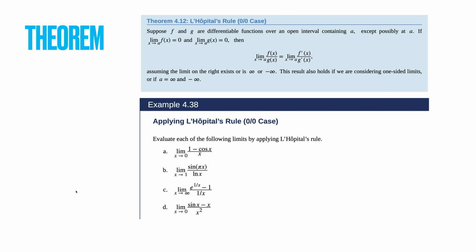It's worth opening up the book and reading through the examples. That the value of a may be infinity or negative infinity. That this limit computation will hold even if the quotient produces a positive infinity or negative infinity. So in particular here, C, the limit x goes to infinity, is identifying with a being positive infinity.